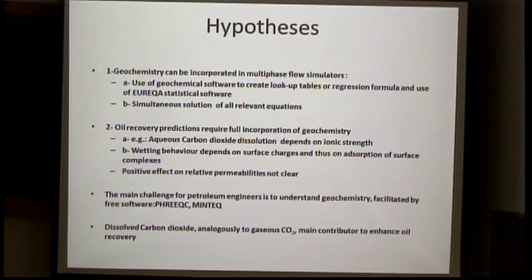Another issue is carbon dioxide. Carbon dioxide affects a lot of properties of oil. How much carbon dioxide can dissolve in oil depends on the oil pH and other salt components. Therefore, we also have to take into account the transport of these chemical compounds and ions.